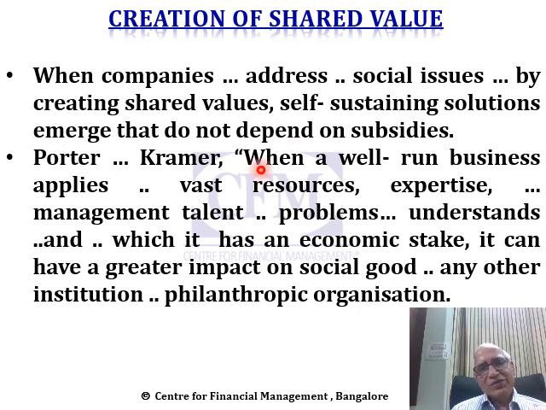Porter and Kramer say when a well-run business applies its vast resources, expertise, and management talent to solve problems that it understands and in which it has an economic stake, it can have a greater impact on social good than any other institution or philanthropic organization.